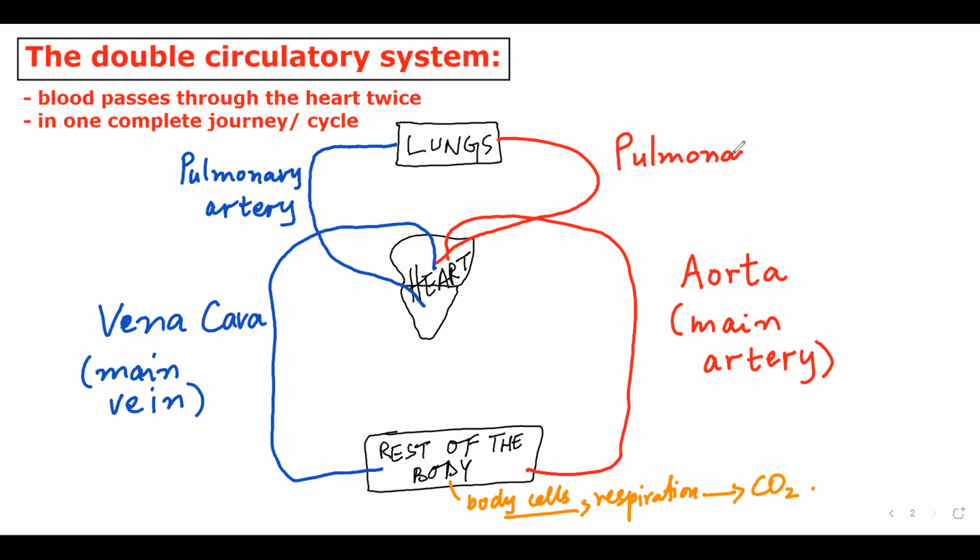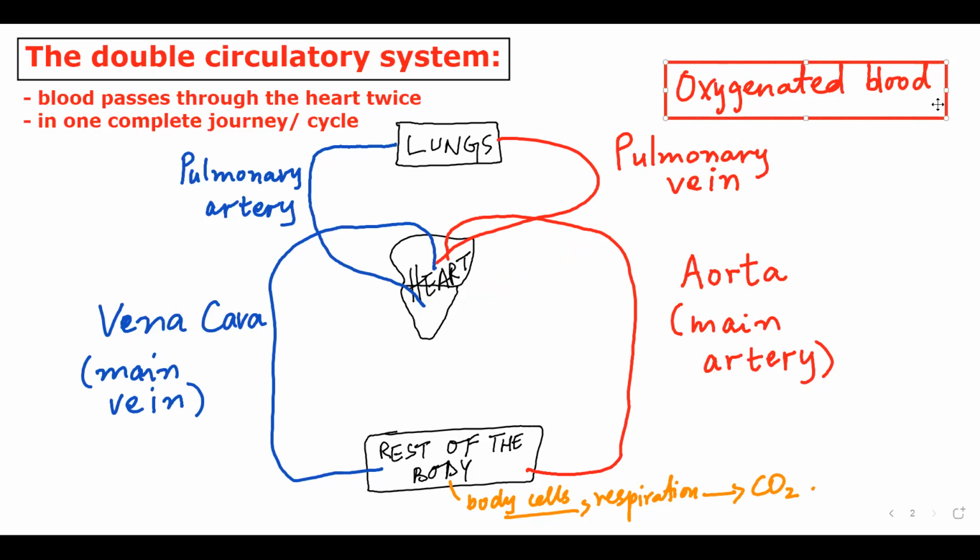So I have already shown you this red color, which is actually showing what? Oxygenated blood. So this left side of the heart actually carries oxygenated blood, right? The red color shows that.